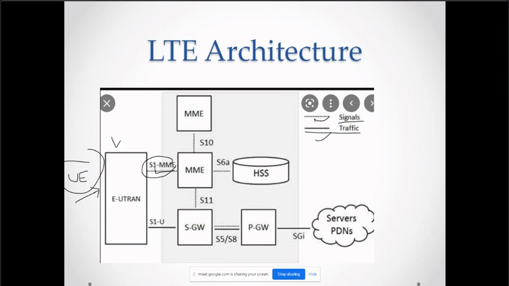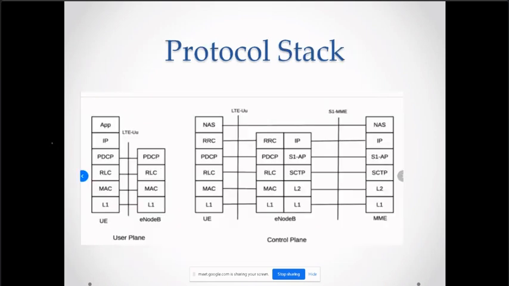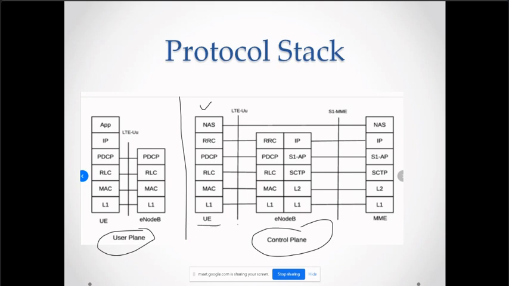If I compare the same architecture in terms of protocol stack, this is my control plane and this is my user plane. This is my UE stack again. UE means my user equipment, my handheld or mobile, then my eNode B and MME.